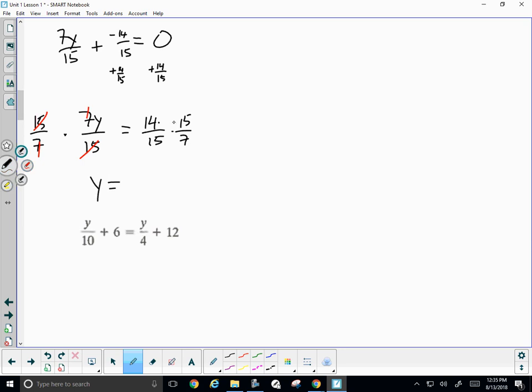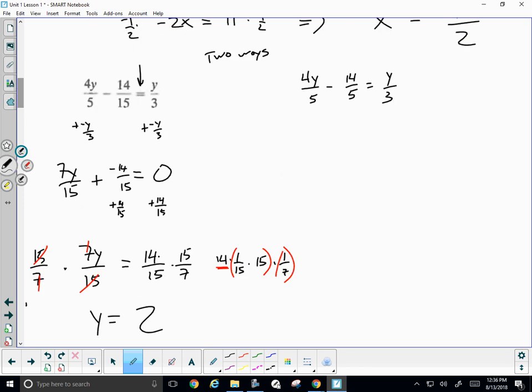And over here, again, if you'd like to, you can rewrite this as 14 times 1/15 times 15 times 1/7. You can do this multiplication in any order. The 15 times the 1/15 is just a 1. 14 times 1/7, or 14 divided by 7, is just 2. Okay? That's just one way to do that.